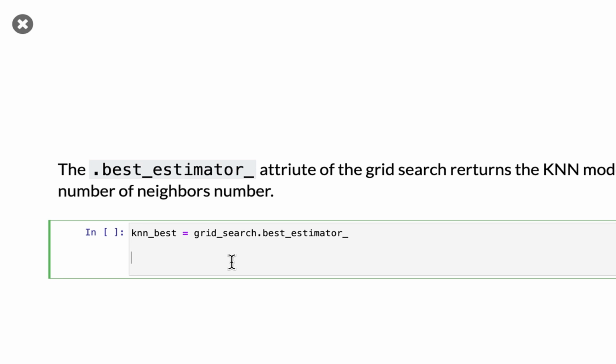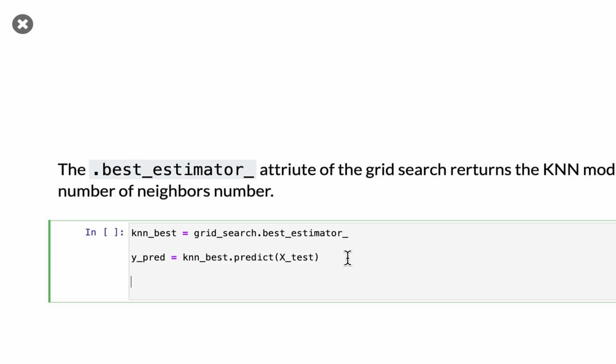It has all the trained procedure inside the KN model. So what's going on next is that we can use KN best dot predict, and we can predict based on X test, right? And then I can call it Y pred. So this will give us the prediction on the test data set by using the tuned model with 13 neighbors. Now what I can do is the same thing as before, right?